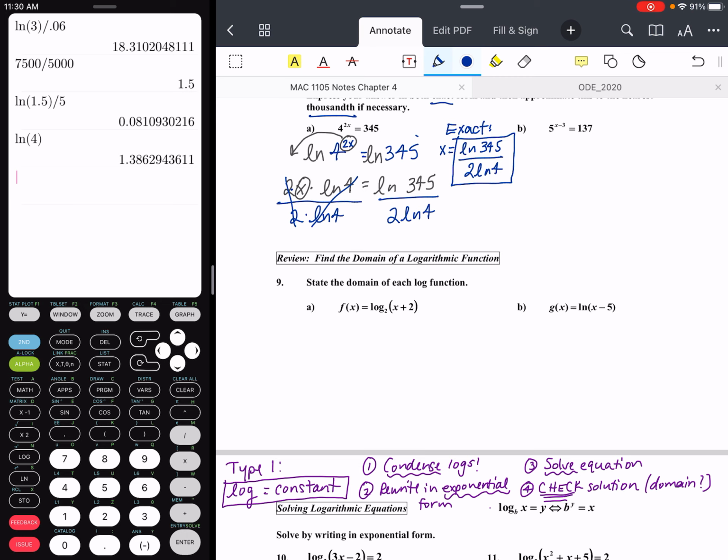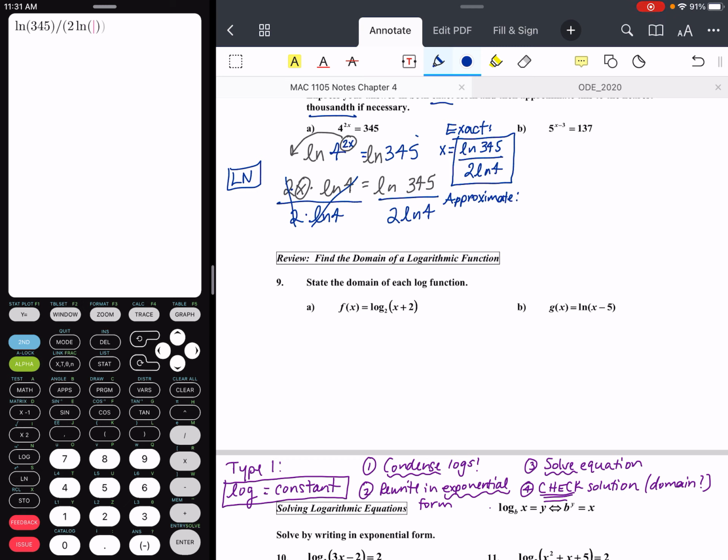And then cranking that out in our calculator to get the approximate answer rounded to the nearest thousandth. Approximate. Clear this out. So again, we're using that natural log key on the left-hand side. Natural log of 345, and then I'm going to scoot to the right, divided by, and I just want to make sure that that 2 times natural log of 4 all stays in the denominator, so I'll use my parentheses keys above the 8 and the 9.